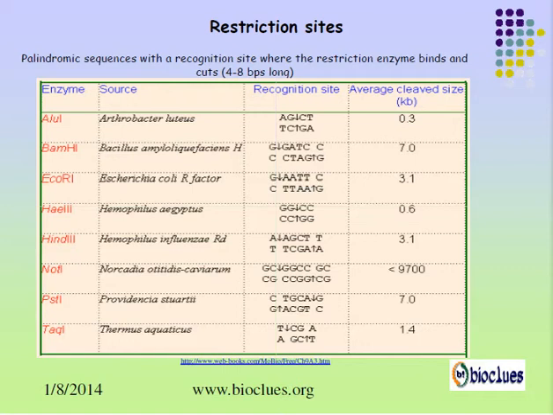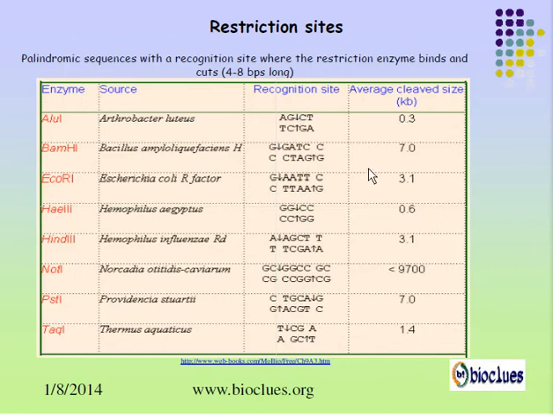Alright, so next we have the restriction sites. Restriction sites are palindromic sequences which are 4 to 8 base pairs long generally, with a recognition site where a restriction enzyme binds and cuts. Here is an example of a couple of restriction enzymes from the respective organisms, and their recognition sites.